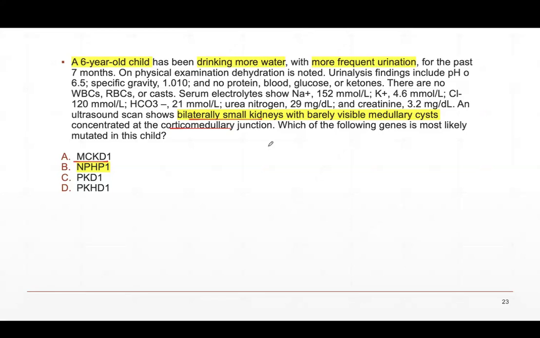And usually, by the way, MCKD1 is in adults. This patient is drinking more water because he is losing salt, right? His kidneys have lost the ability to conserve salt, and when you lose salt, the water goes with it. So he has frequent urination, and then he feels like he needs to rehydrate himself, so he drinks more water. Okay?